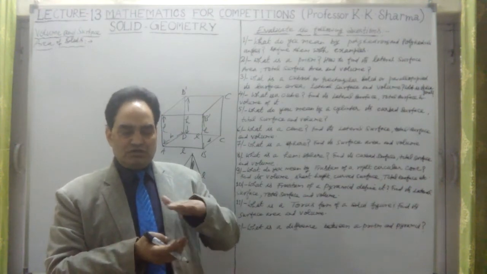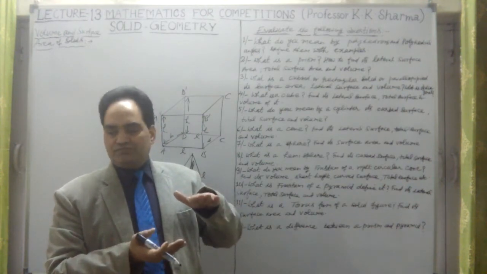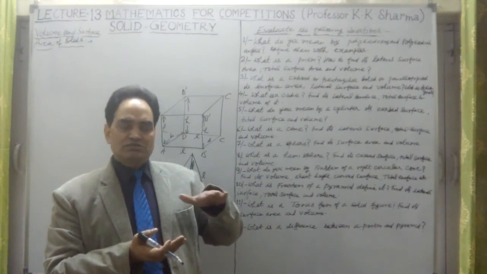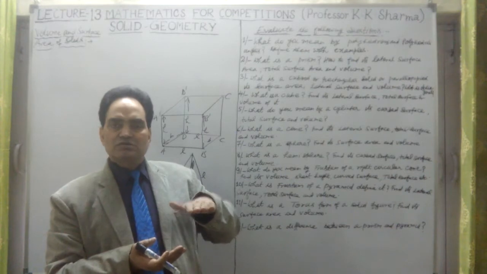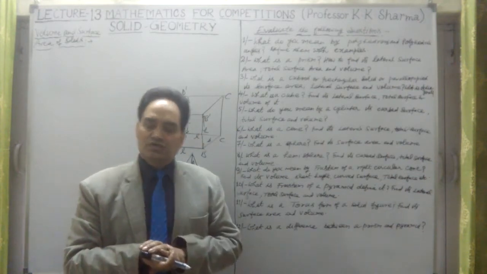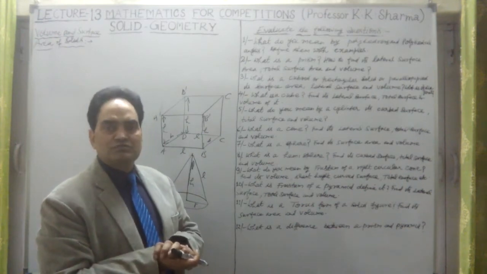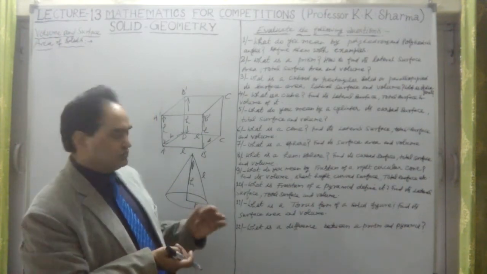And if I take a part of a pyramid, it is just a smaller box cut from a bigger box. That may be a frustum of a pyramid. We'll talk about what a frustum of a pyramid is, what a frustum of a cone is, all these things.